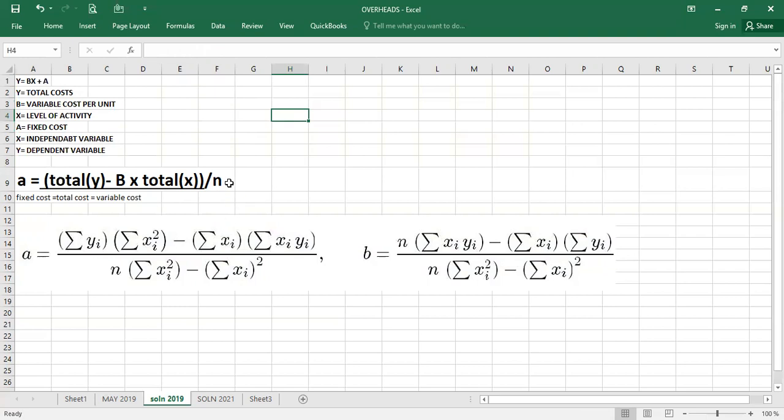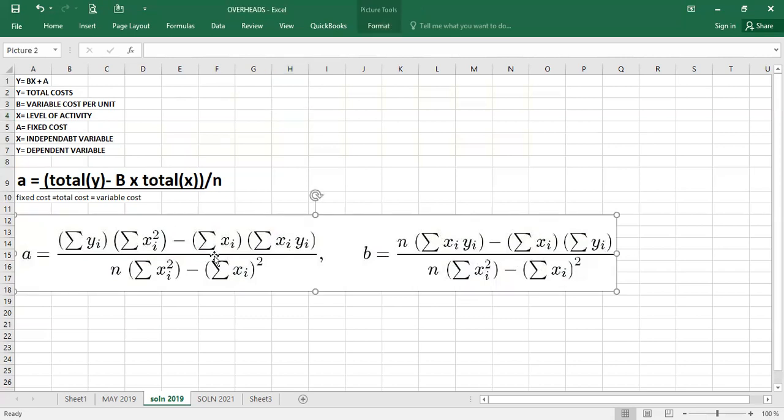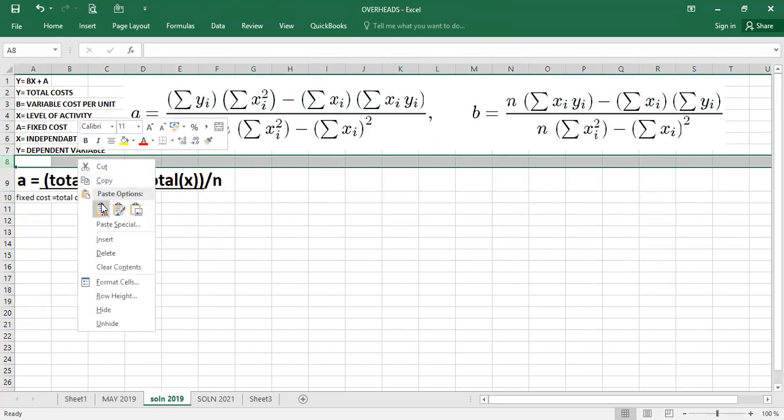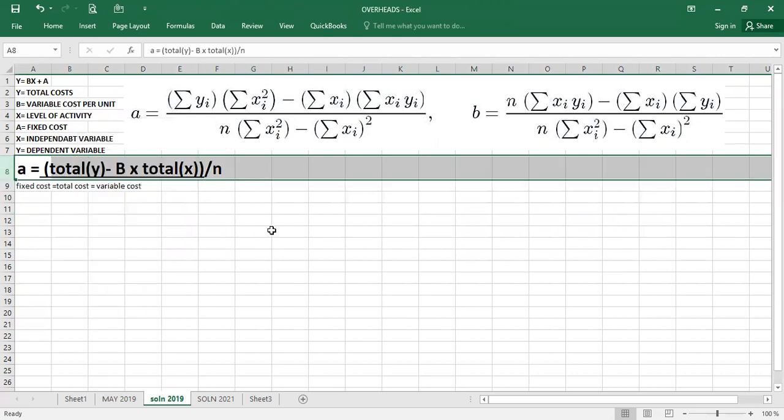So that's how we calculate the A, because if you want to get the A, you have to first get this B, because this B is not calculated yet. You first look for the B, so that you put it in this. Let me put it up there so that you can do other things from this space.